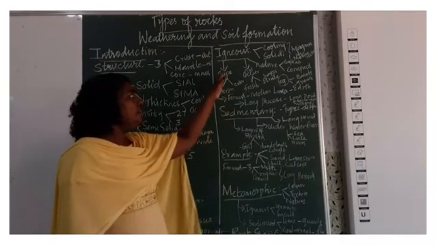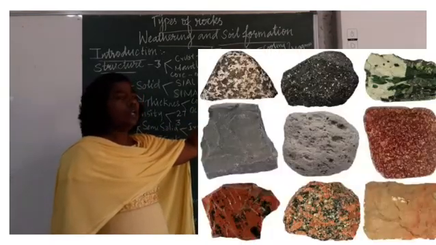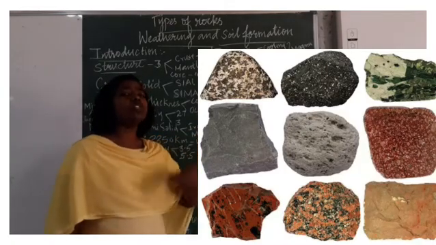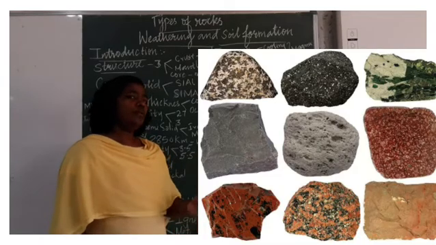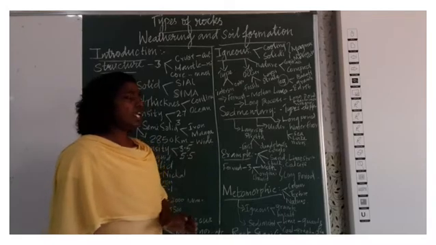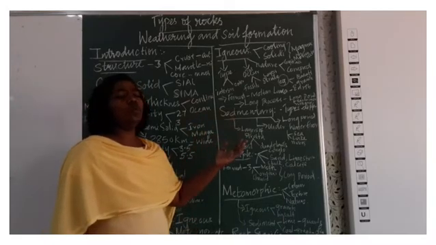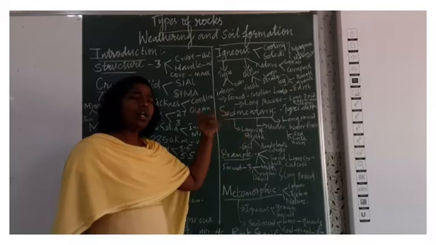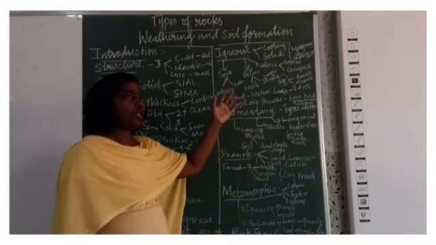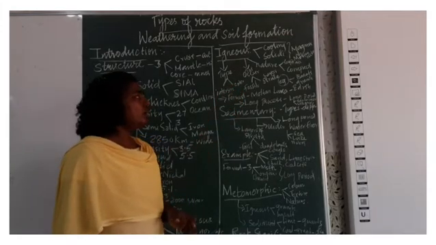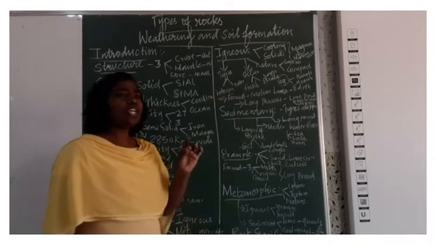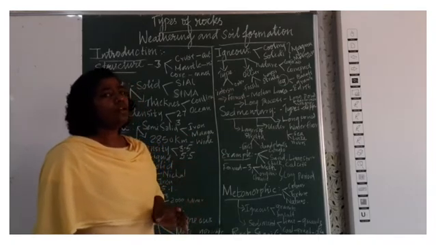And extrusive rock, what happens? The molten lava oozes outside because of the pressure and compression in the interior of the earth. After it oozes out, on the surface of the earth it becomes solid. That's how igneous rock is formed, and it takes a long process to form.